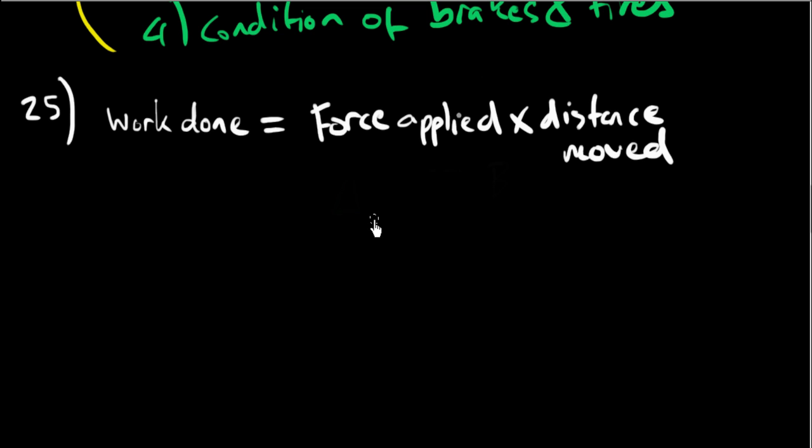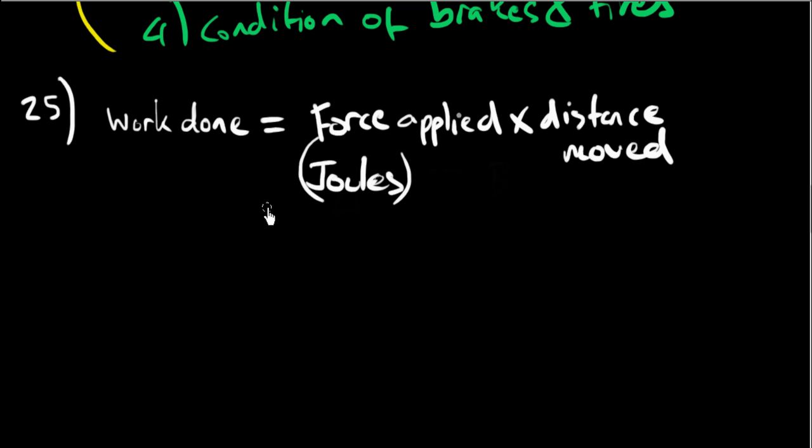So in other words, if you were pushing on something but it wasn't moving at all, then according to the laws of what we call work done, you wouldn't do any work, even if you're sweating and getting tired. If the thing is not moving, you're not doing any work, no useful work anyway. It's called work done. And the units of work done are joules.